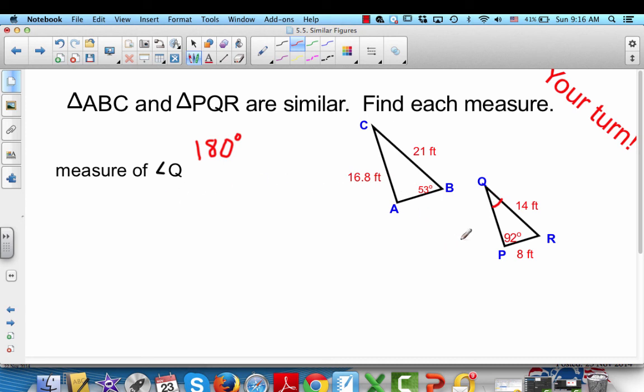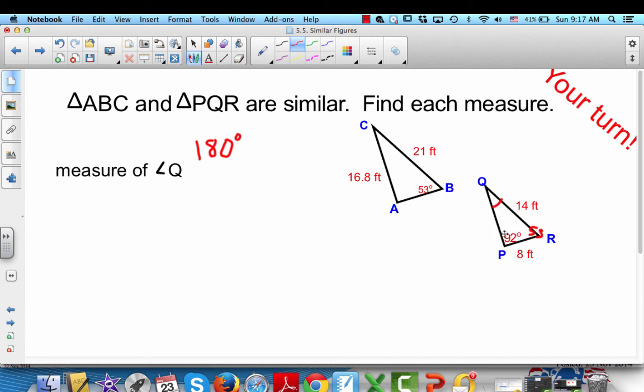All right. So if this one is 92 degrees, this is what we're looking for. In order to get this one, we've got to know the other two, because this one is 53. B corresponds to R, so that means this is 53. If we know these two, what can we do to get this one?